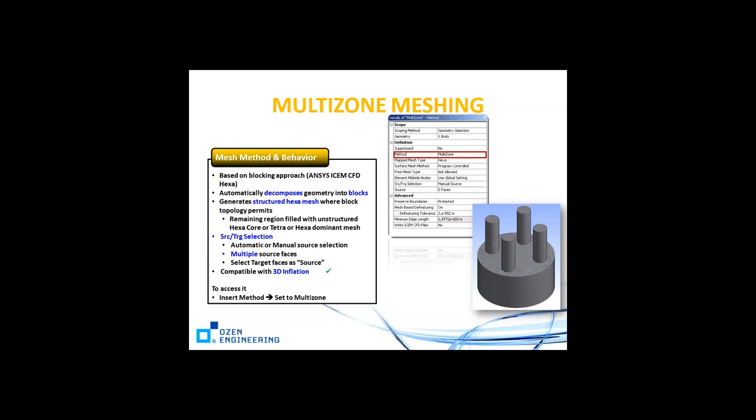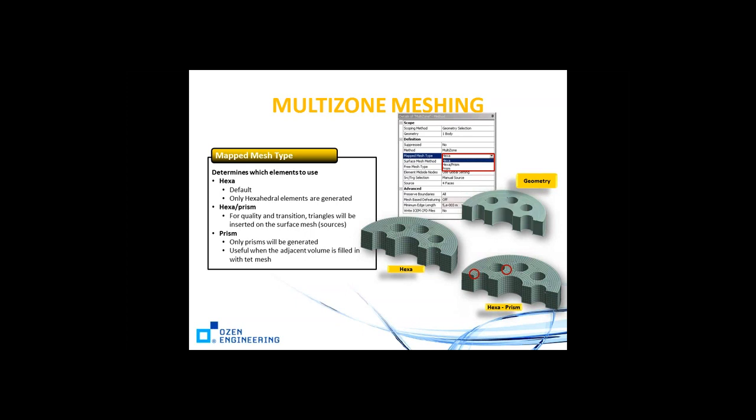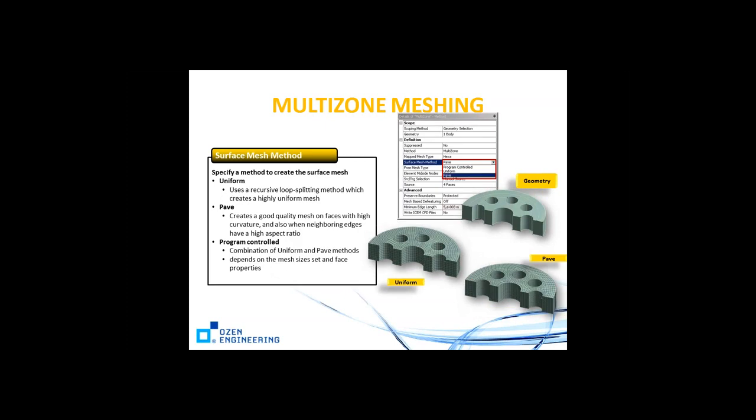So that's the multi-zone meshing method, and it's getting better and better every year. They're adding more and more automatic features in the multi-zone mesher. Looking into the future, I think this multi-zone mesher may be the default mesher that we want to go to because it's giving us a really nice hex mesh, and things are getting more and more automatic lately.